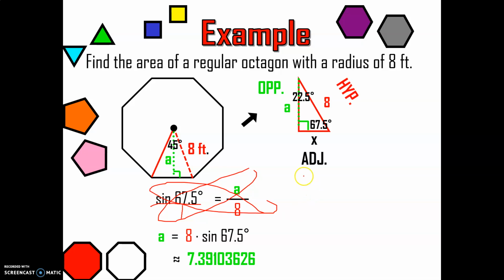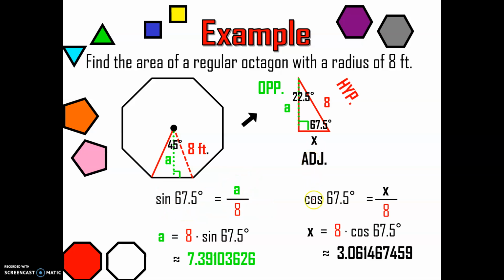Now to get this side X, we're going to use cosine. So the cosine of 67.5 is equal to X over 8. And then we do the same process as the previous problem. We're going to cross multiply, and we go 8 times cosine 67.5, and that'll give us 3.06 approximately.